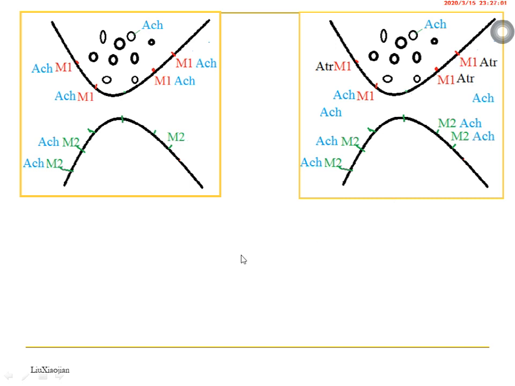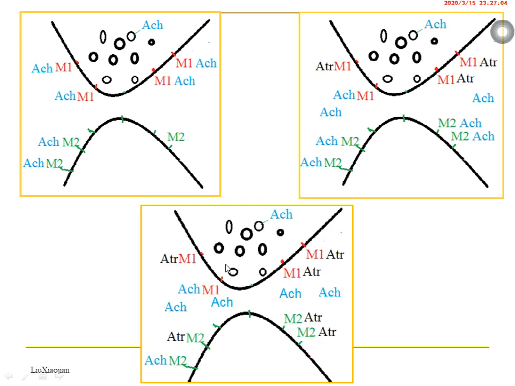Could you understand? With the dose increase, moderate, even high dose of atropine, M1 and M2 can all be blocked by atropine. Understand? With the dose increase, M2 can also be blocked by atropine. Although M1 is blocked by atropine, and this negative feedback regulation of neurotransmitter release is abolished, acetylcholine release is still too much.